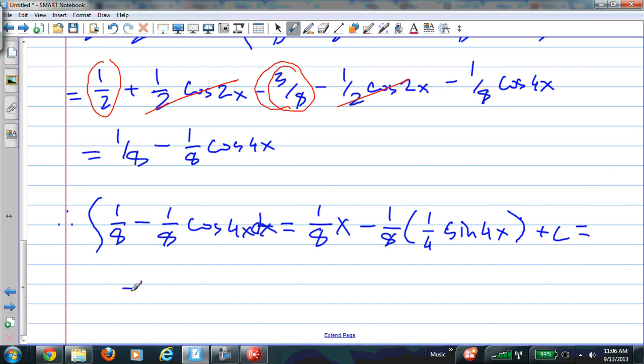Overall, we ended up with 1/8 x minus 1/32 sine of 4x plus a constant.